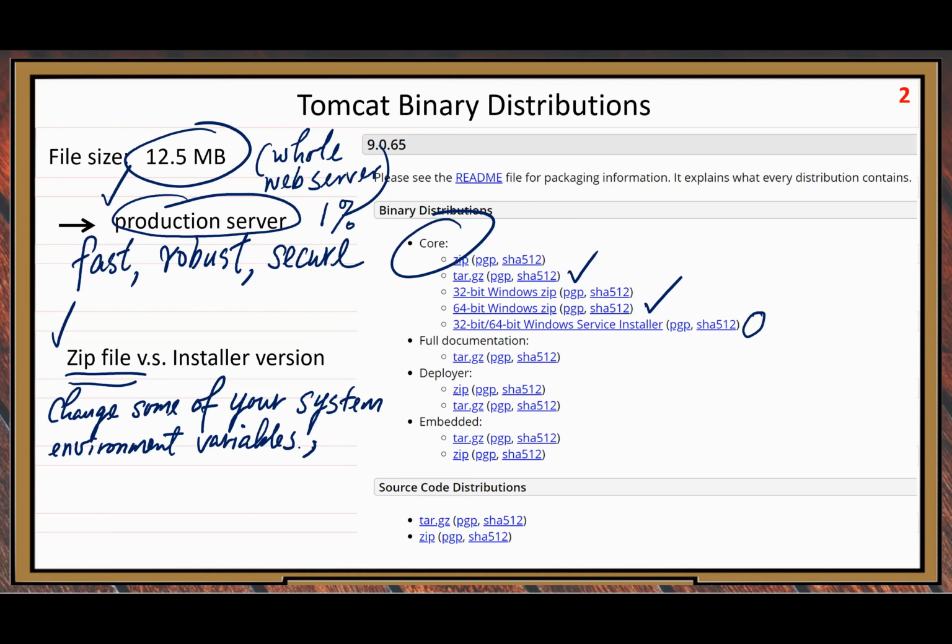So you do not know what environment variables are changed, and it's hard to undo or remove. The bottom line, it's hard to reverse that kind of procedure, and it's hard to control that. Not like the zip version.